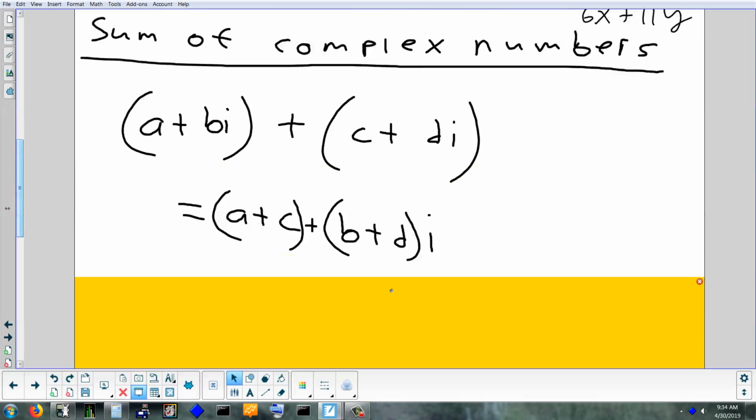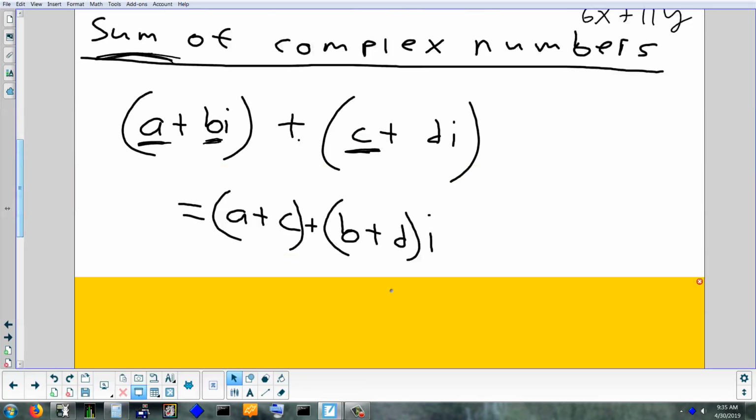So, to add complex numbers, the way you do it, take the real part here, take the real part here, and combine them. A plus C. And I'm doing plus because we're doing sum. We're going to do difference after. All right? So take A plus C. Combine them.